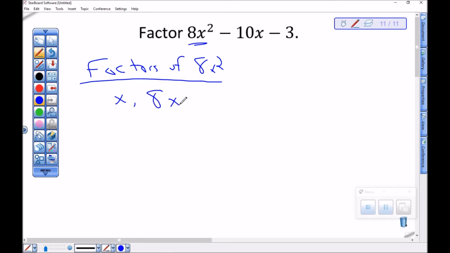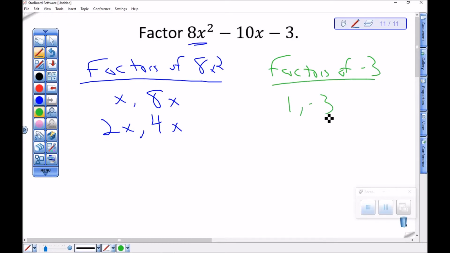I could have 2x times 4x. And that's it, except for different order, and I'm not going to do both negative. So there are my options there. And then let's look at factors of negative 3. We just did those, but they're 1 and negative 3, and then positive 3 and negative 1.